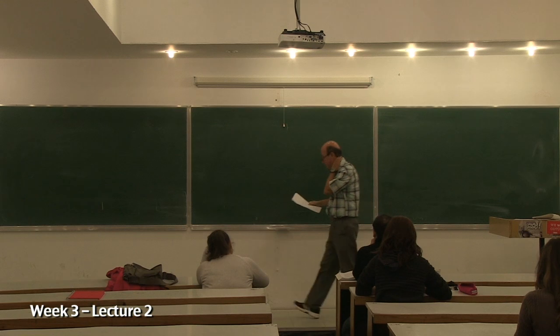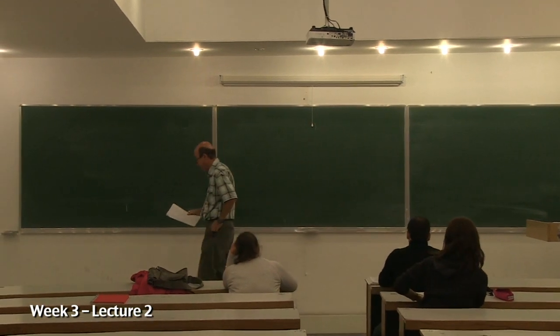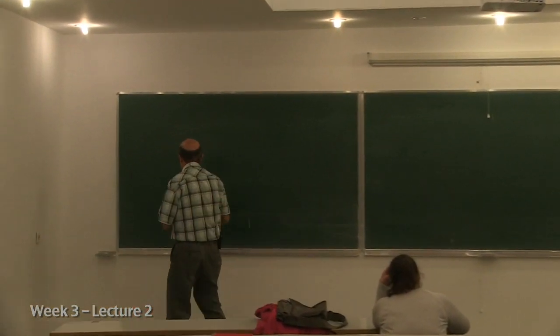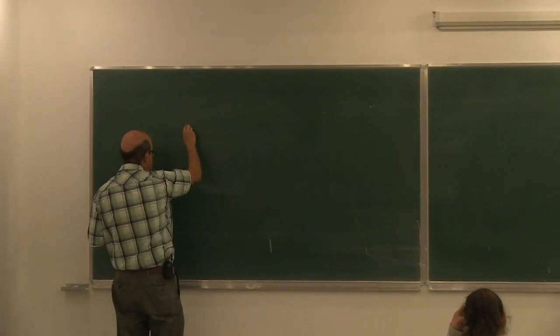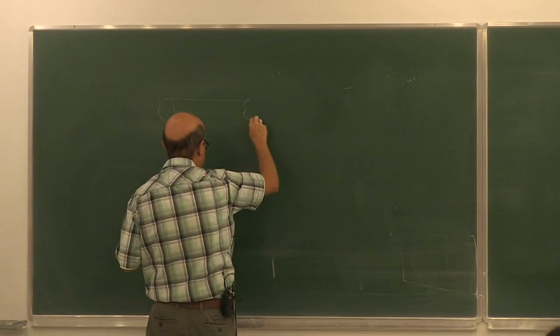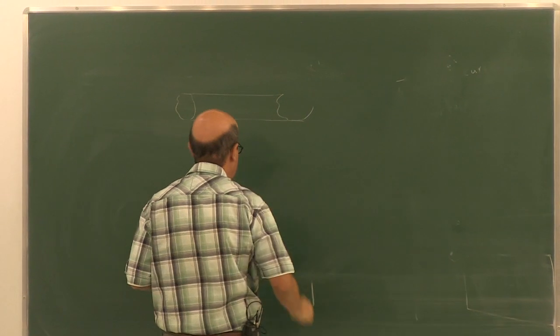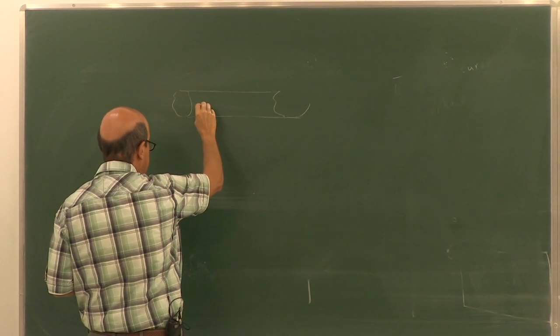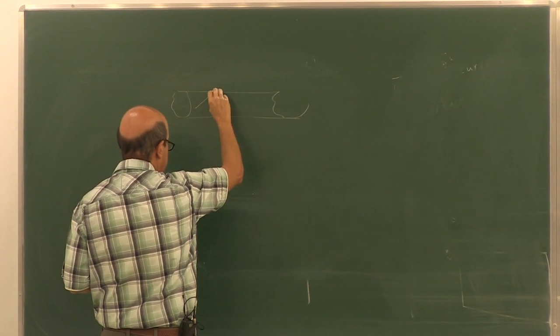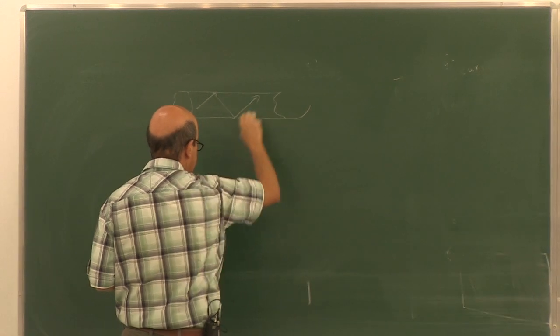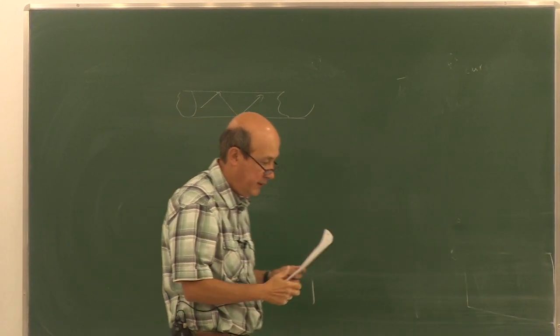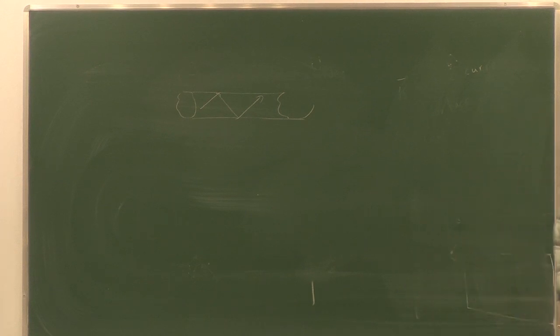Now let us start the study for waveguides. So suppose that you have any shape, and as I said in the first hour, the waves will be reflected from the metallic boundaries.